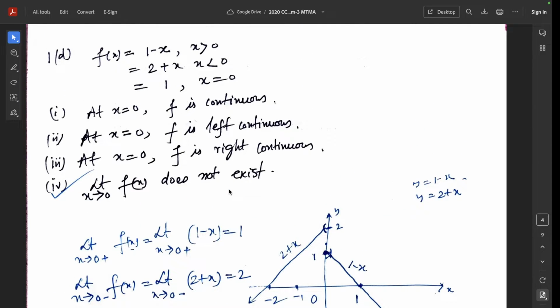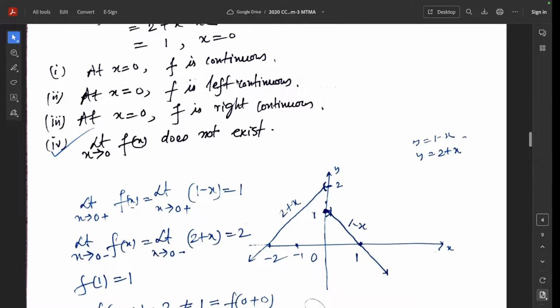So we draw this graph. f(x) equal to 1 minus x when x is positive, so this is x greater than 0, and f(x) equal to 2 plus x when x is less than 0, and f(x) equal to 1 at x equal to 0.